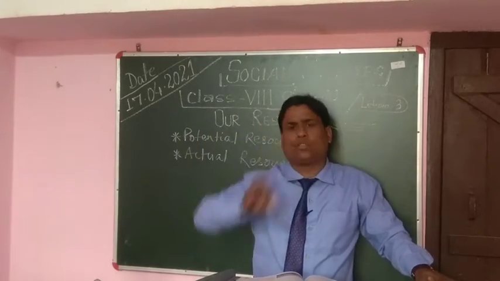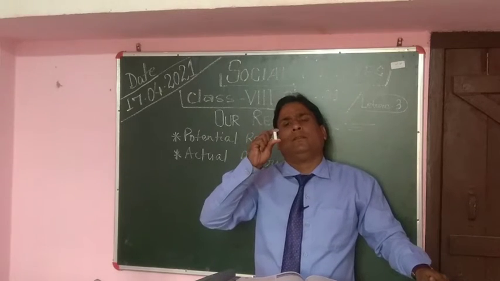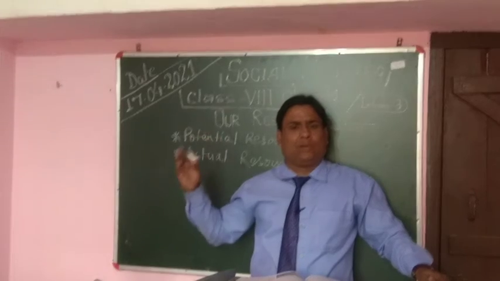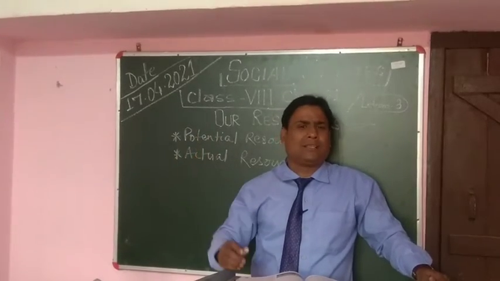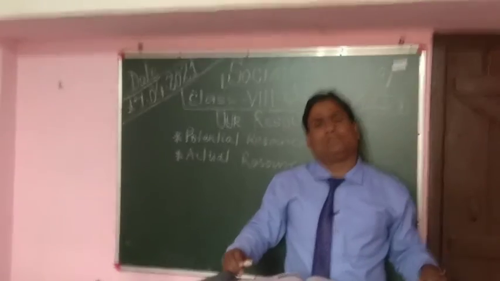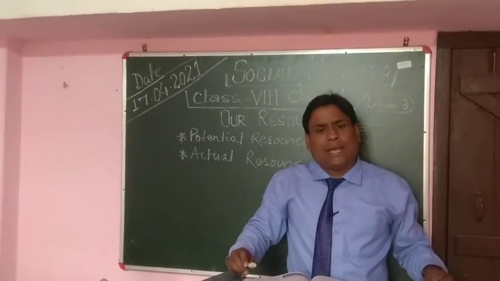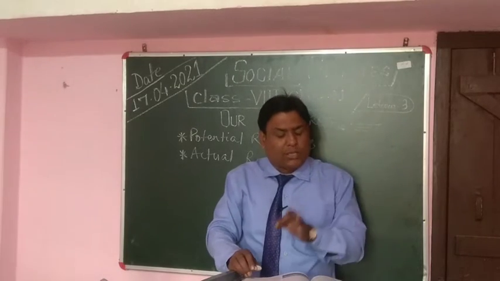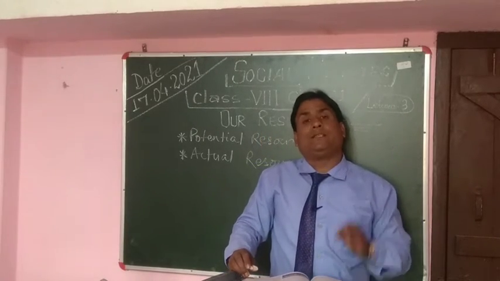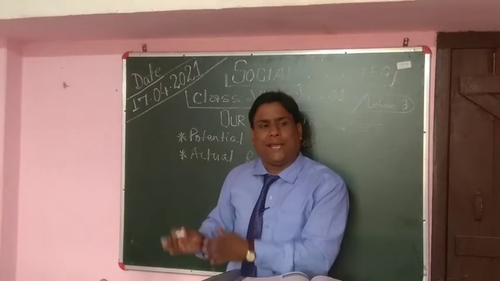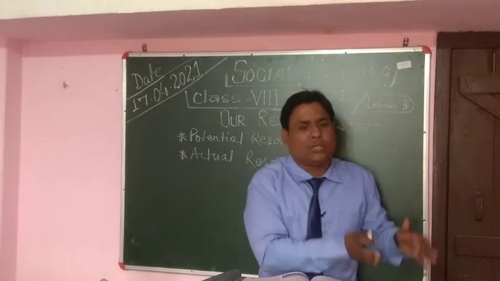But a localized resource means, suppose there is a coal mine in Hazaribagh in Jharkhand, near Ranchi or somewhere. They are localized. It means they are resources that are found only at a particular place or region.